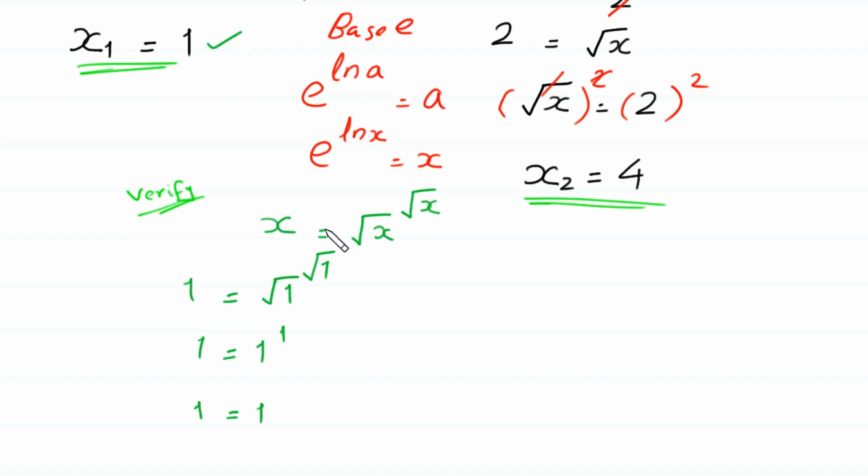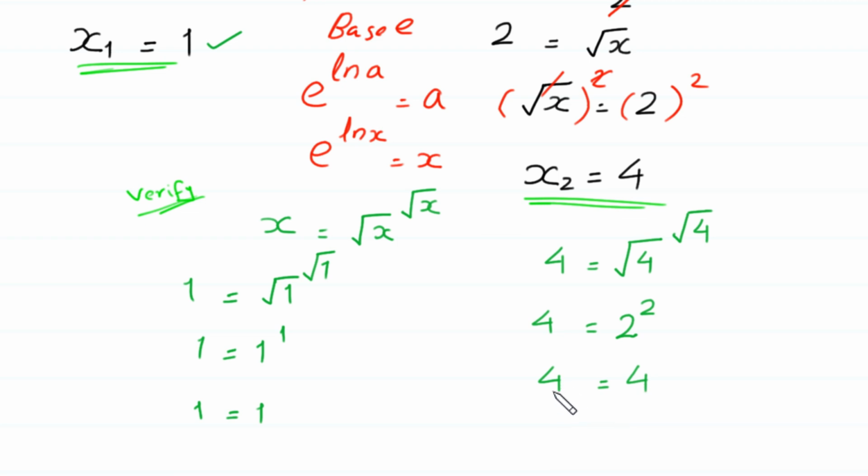Now in this equation we put the value of x, 4. 4 is equal to square root of 4 to the power square root of 4, and 4 is equal to, square root of this 4 is 2, to the power square root of this 4 is 2, and 4 is equal to, square of 2 is 4.